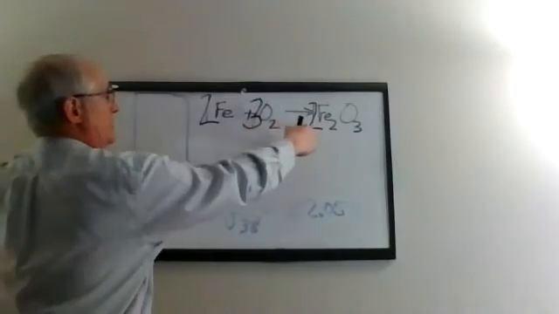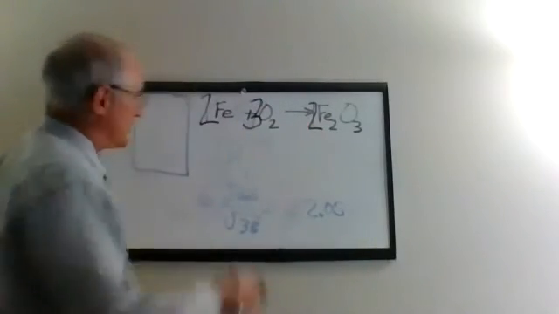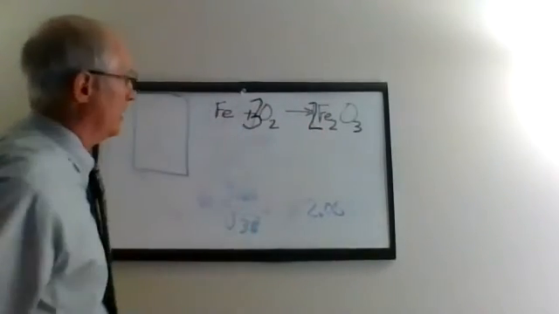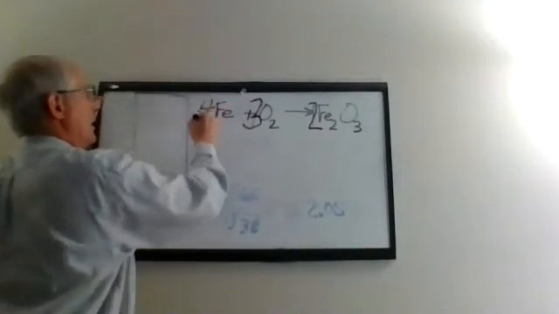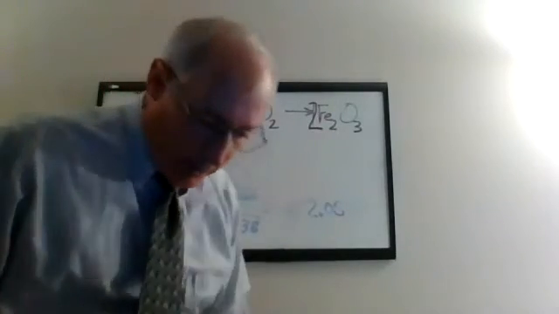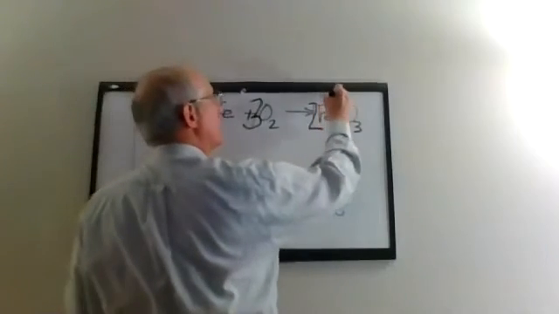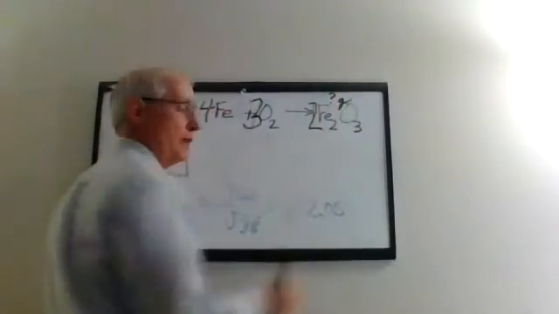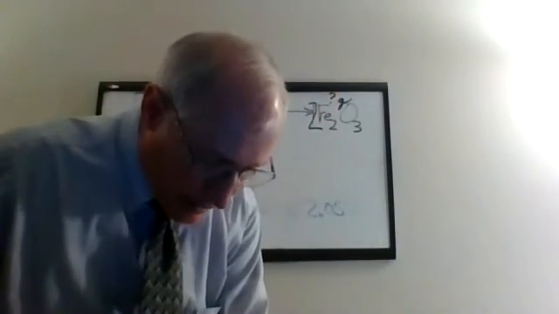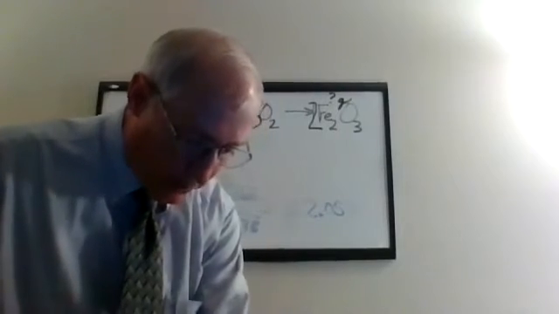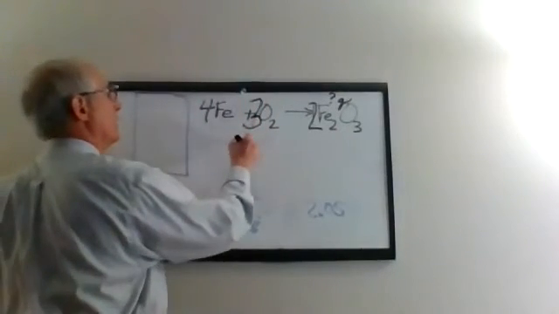And now I messed up my iron, so I'm going to have to fix that by changing the 2 into a 4. Okay, that's the properly balanced equation. We want to know how many grams of rust can be produced. Grams go on top. Excess of iron and 11.2 liters of oxygen.